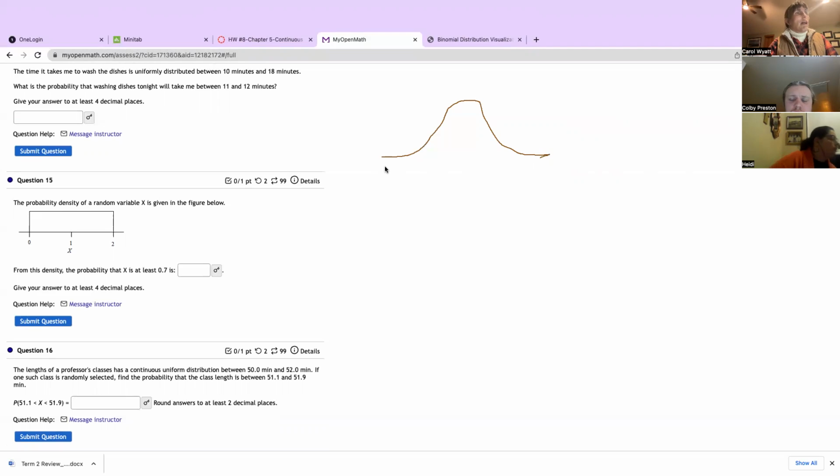If you had a group of 100 people, you would expect 68 of those to be pretty close to the mean. As you got taller and taller, it would get less and less, or as you got shorter and shorter, you'd get less and less.